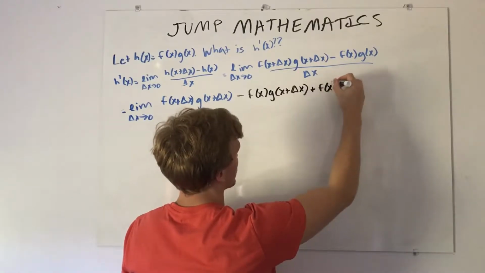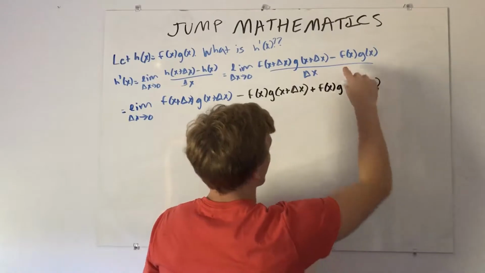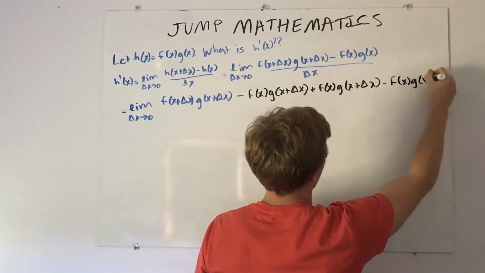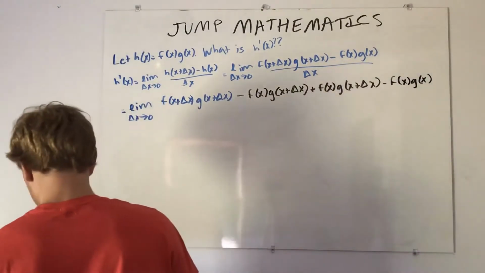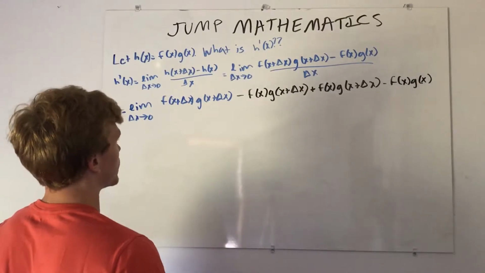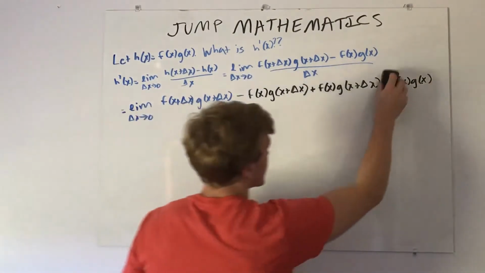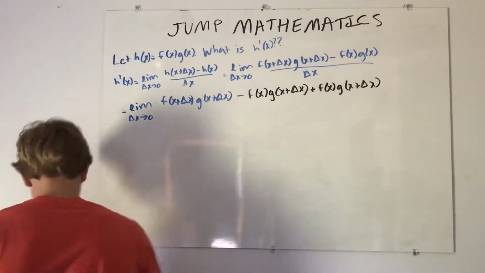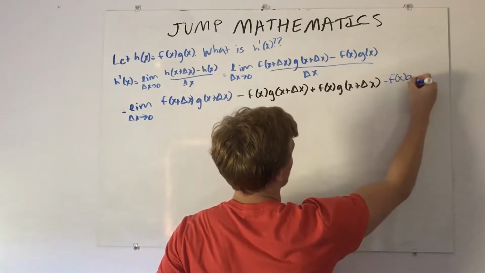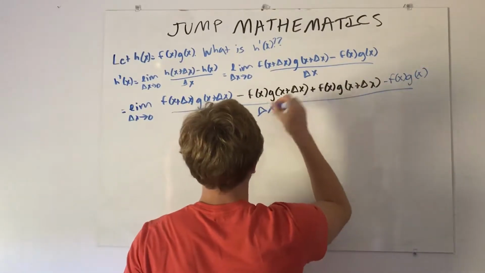F of x times g of x plus delta x. Then here I have minus f of x times g of x. Then right here, don't forget, minus f of x times g of x all over delta x.